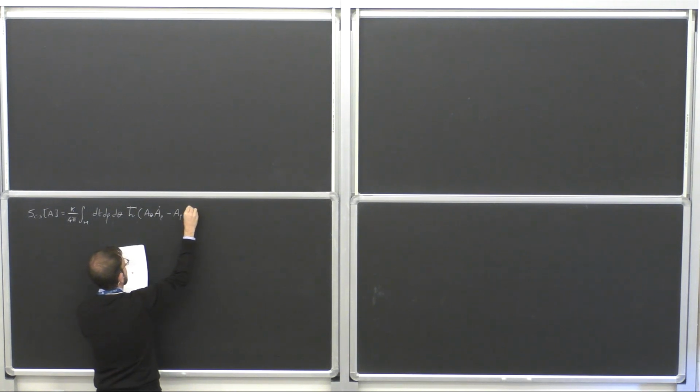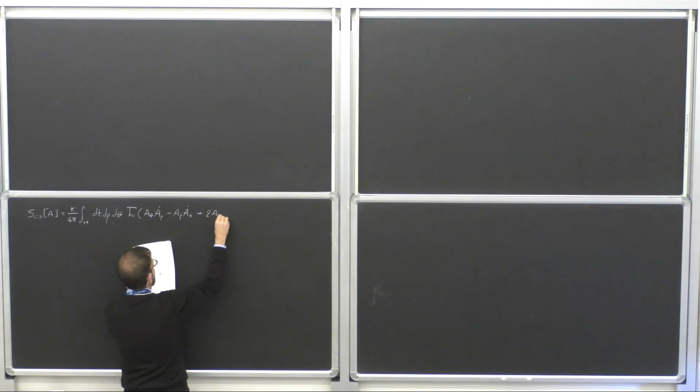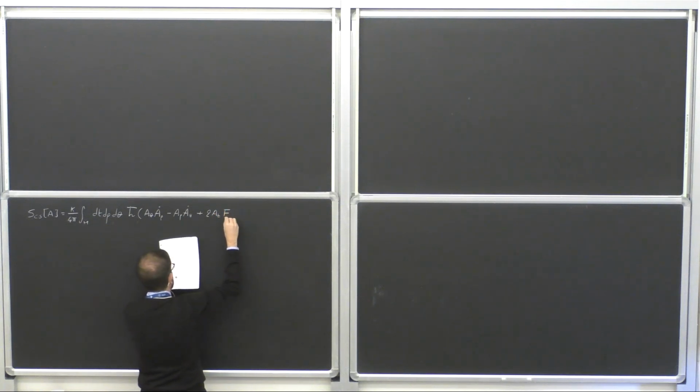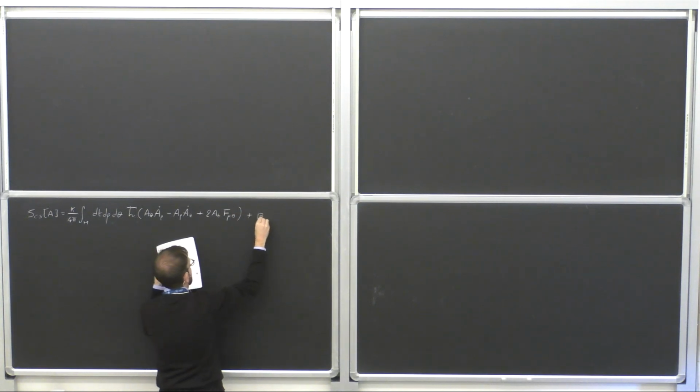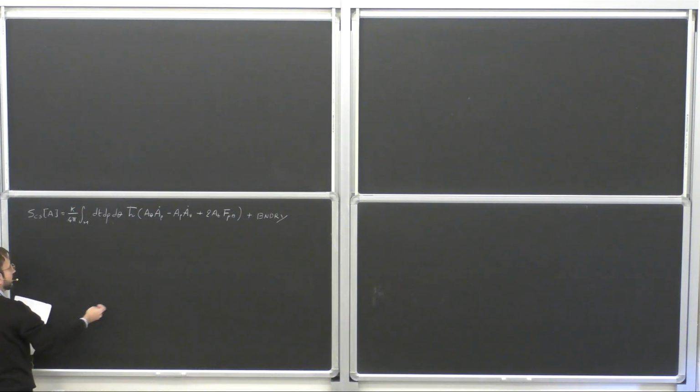Once again, I just recall some formulas that you already have in your notes. Plus a boundary term a priori. And given the form of the kinetic term here, I can easily extract the form of a Poisson bracket between the canonical variables.